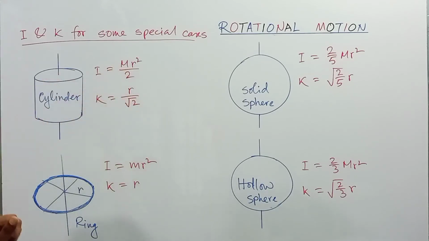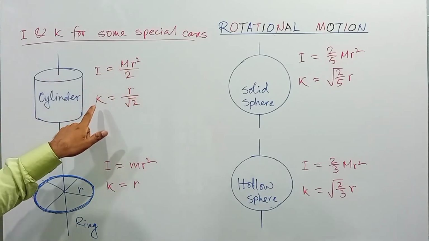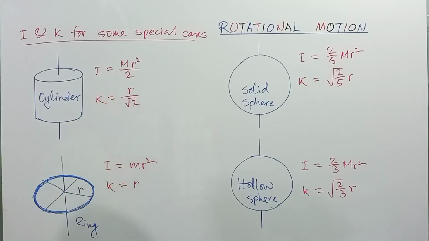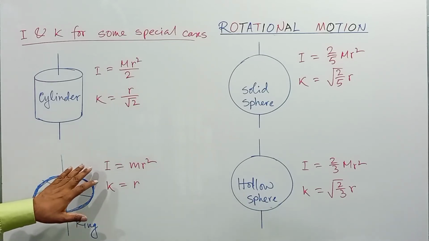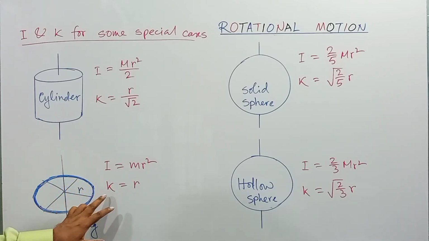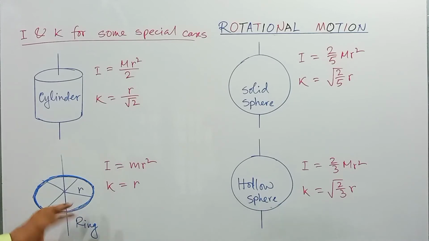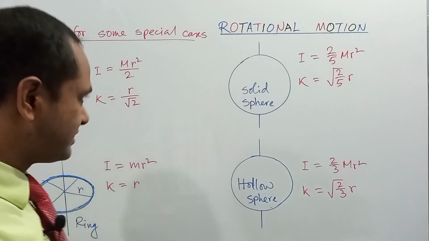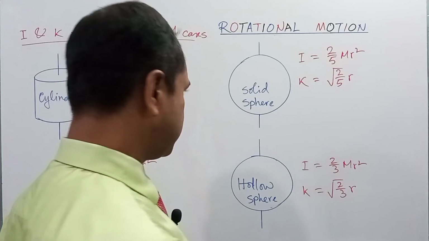Here r is the radius of the cylinder, and the radius of gyration will be r divided by root 2. The moment of inertia of a circular ring with respect to an axis passing through the center is I is equal to m r square, and the radius of gyration will be k is equal to r, exactly equal to the radius of the ring.